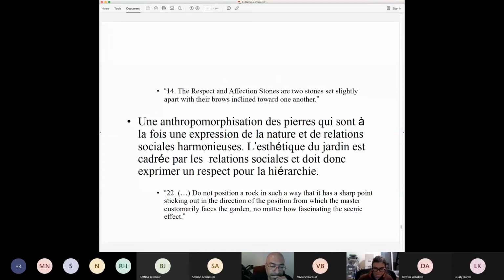This is what he says. Do not position a rock in such a way that it has a sharp point sticking out in the direction of the position from which the master customarily faces the garden, no matter how fascinating the scenic effect. To do that would be impolite.